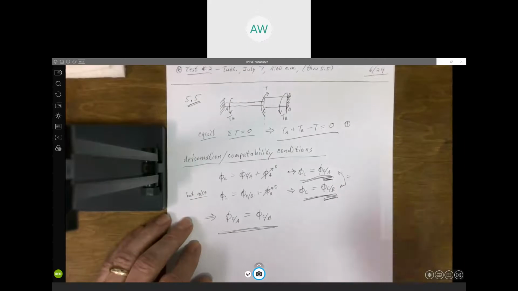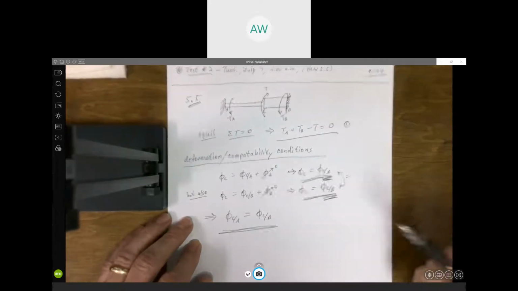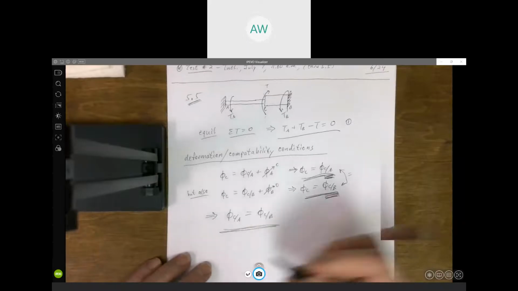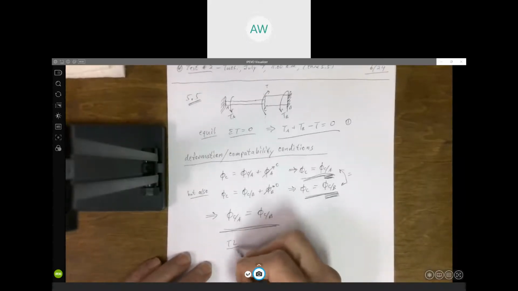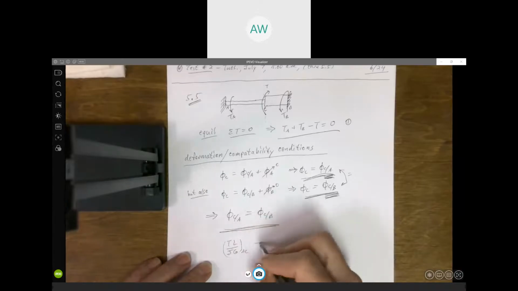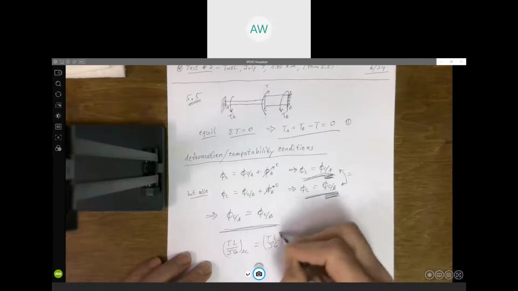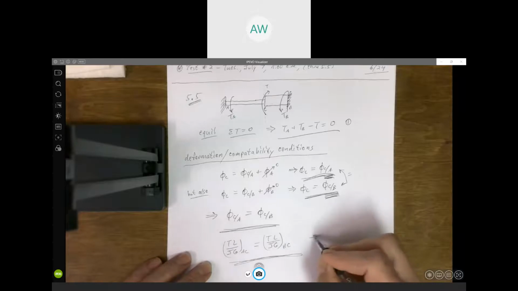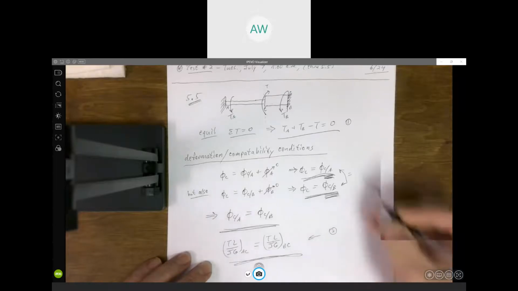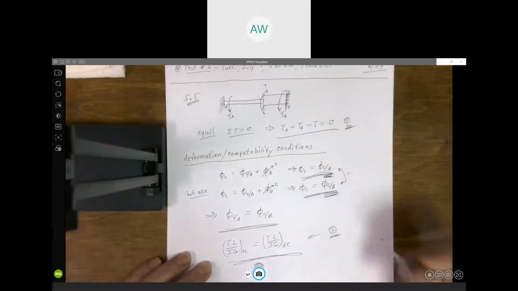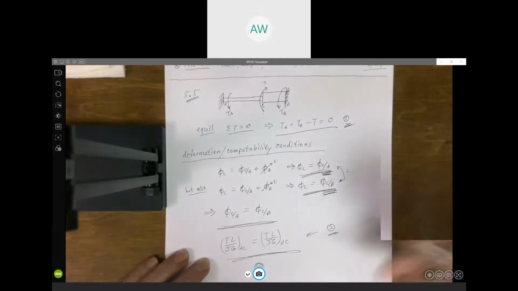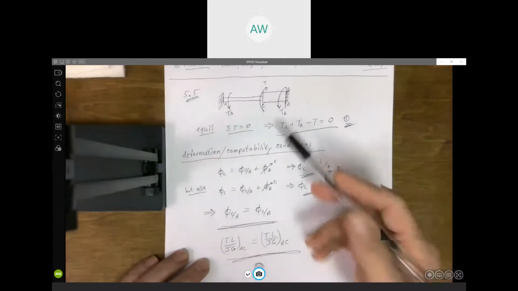Because in the previous section, we talked about how to calculate angle of twist. This angle of twist would be TL over JG for section AC, got to be equal to TL over JG for section BC. And that's where we're going to get equation 2. So then we'll have two equations, two unknowns, and we can solve for those torques.